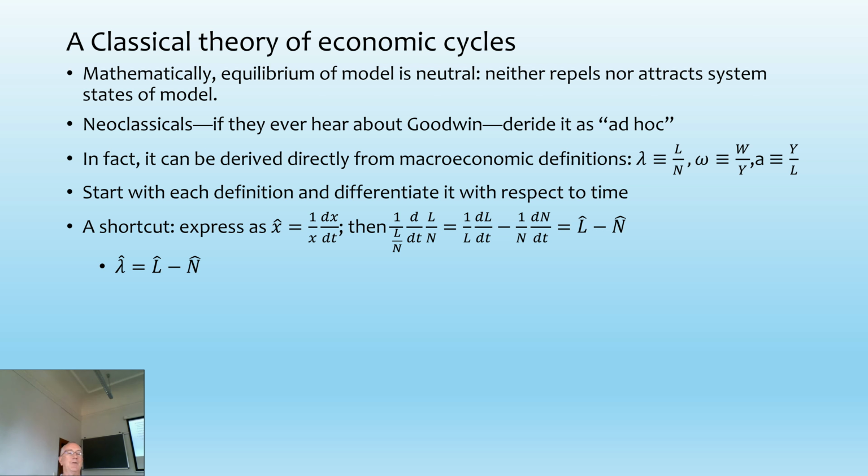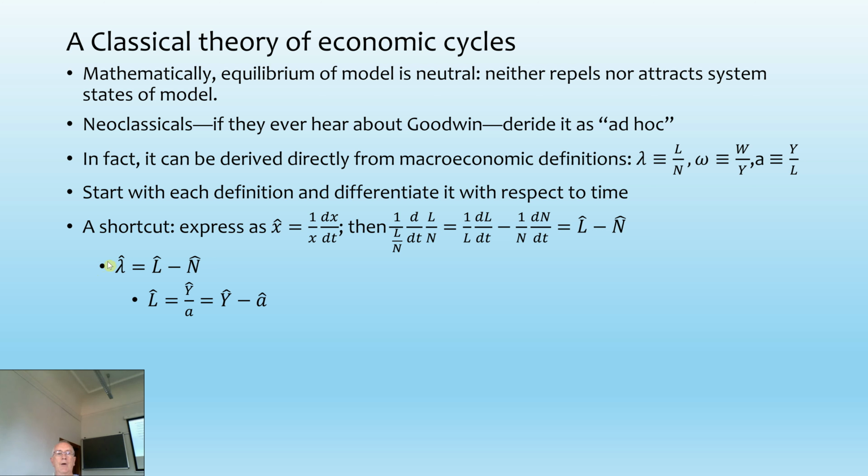So as soon as Matthias sees an expression like 1 over x dx/dt equals L divided by N, he simply says you can simply expand it out and say the rate of change of the employment rate is the rate of change of labour divided by the rate of change of population. A simple expression. I do the laborious stuff, but I'll show you.